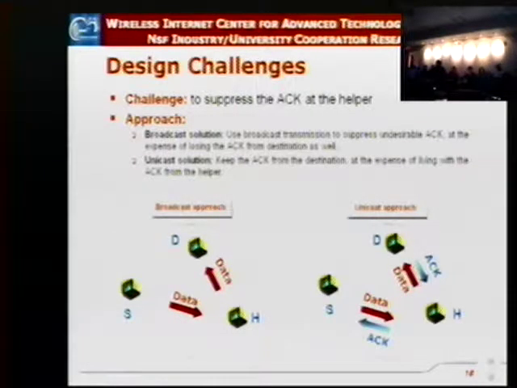Finally, we wanted to have one NACK packet, as we said. We want a NACK packet from the receiver to the transmitter after the two-hop transmission of the data packet. Again, we couldn't handle this directly, so we tried to emulate it indirectly using two approaches. In the first approach, we used broadcast packets.